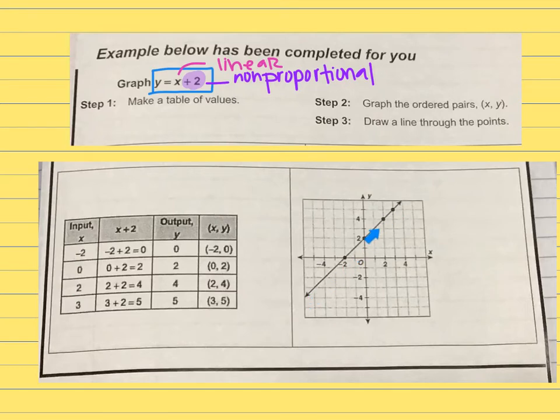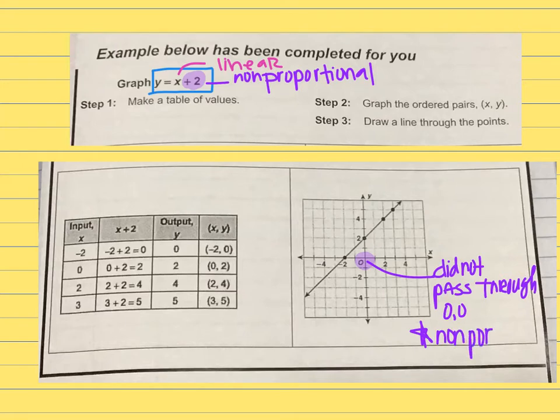Then I could come over on the graph and I could graph now these ordered pairs. So, again, matching up with the equation, since it did not pass through 0, 0, that means it's not proportional. Did not pass through 0, 0. And that is the big thing that makes it not proportional.